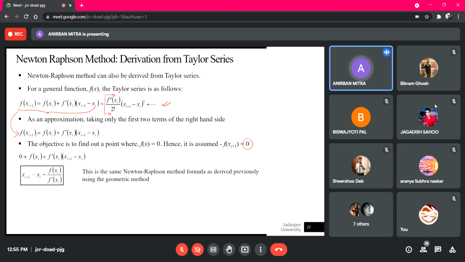If we put 0 here, that approximately equates to this expression, and that can be manipulated to give you the Newton-Raphson method formula, which was derived previously using a geometric method. It's a very simple technique. I'm not going to explain it in too much detail. The slides will be provided to you. Just have a look through that.